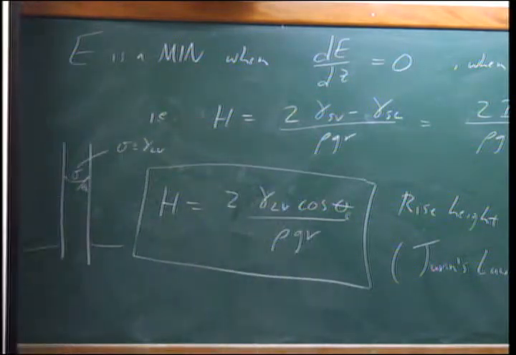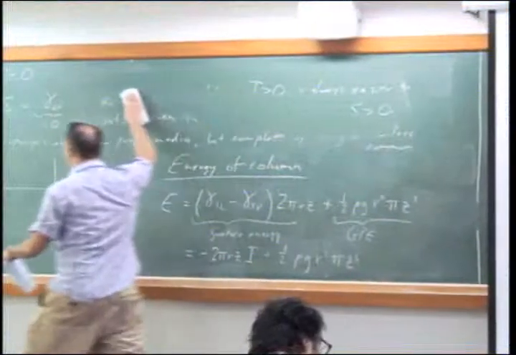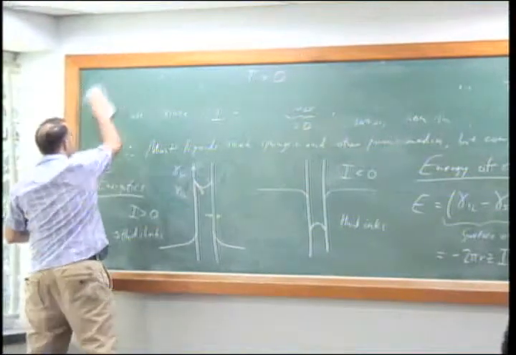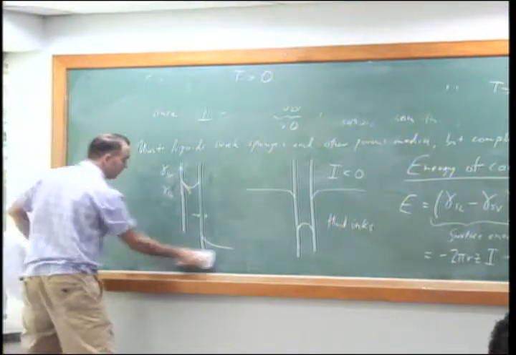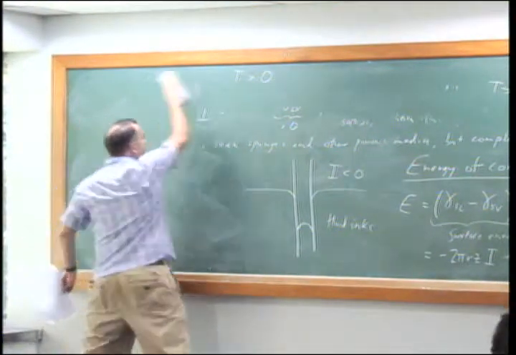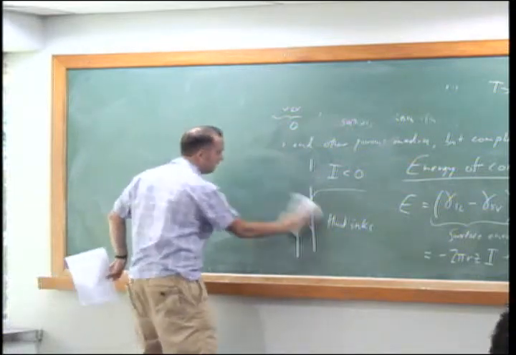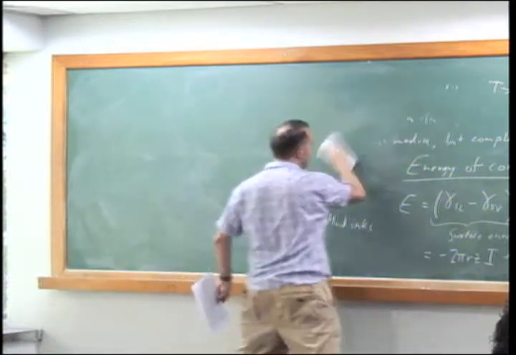Okay, so let's try and understand that. We got that from the energetics. It's also simply seen by looking at pressures and forces. But let's, again, try and extract as much physics as we can from the mathematics.